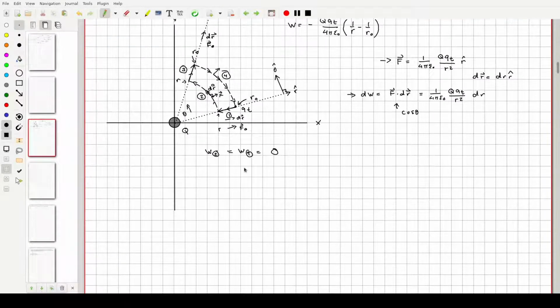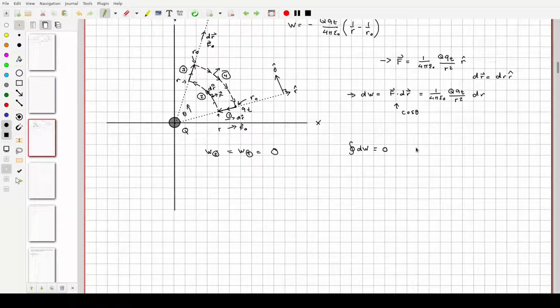So really the only thing that's going to contribute to the total work here would be what's going along 1 and what's going along 3. Now the goal here is to see what the total work is around the closed loop, because conservative forces are defined by the total work around a closed path being 0.